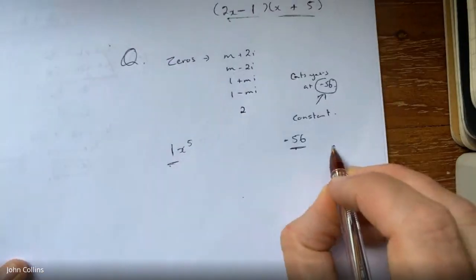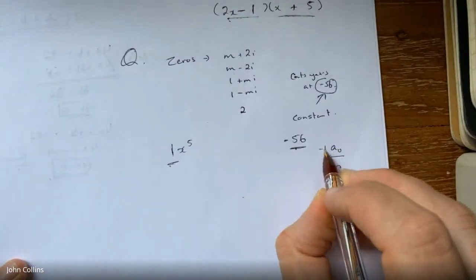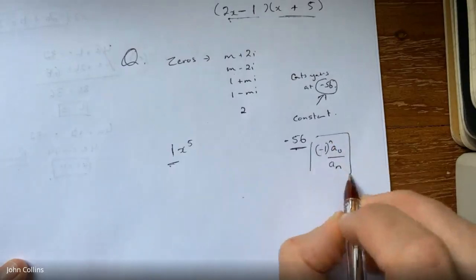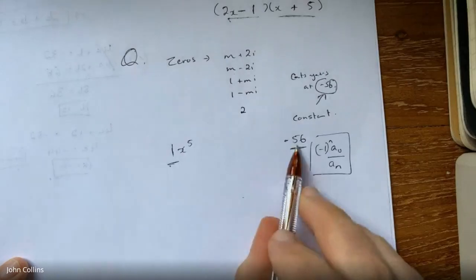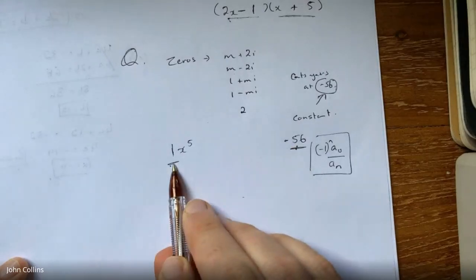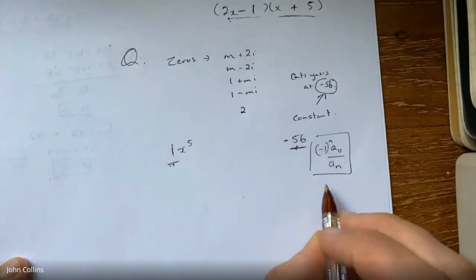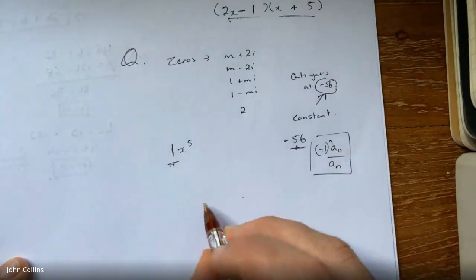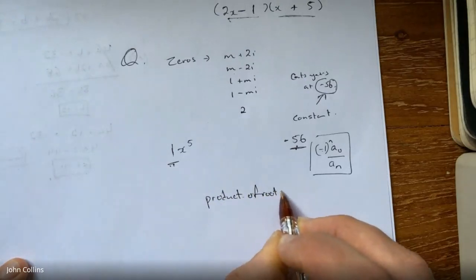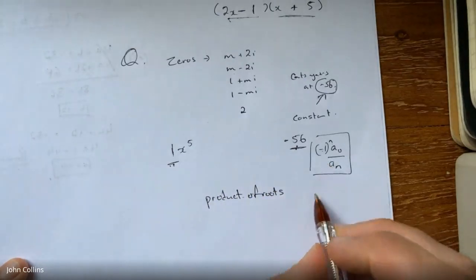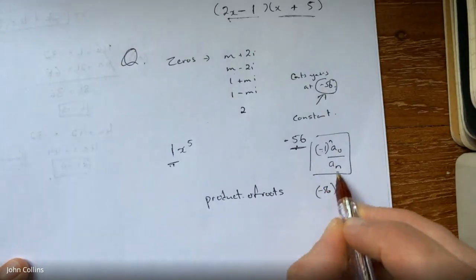So it's our old chestnut, a0, an, and minus 1 to the power of n. Remember that product of the roots, if we use that, because that's the last term divided by the first term and minus 1 to the power of how many terms there are. So the product of the roots in this case is, well, minus 56 is a0.